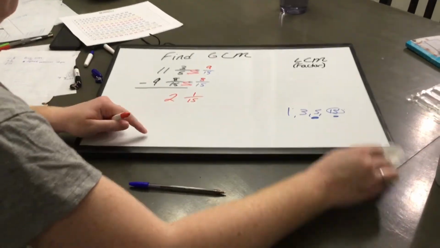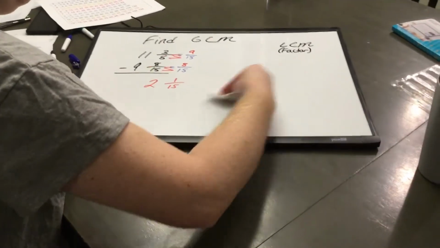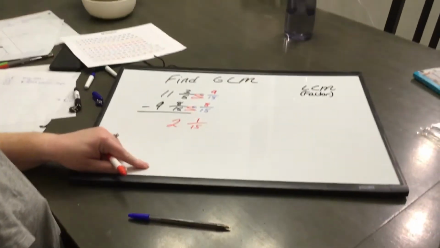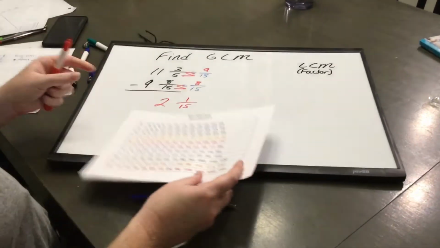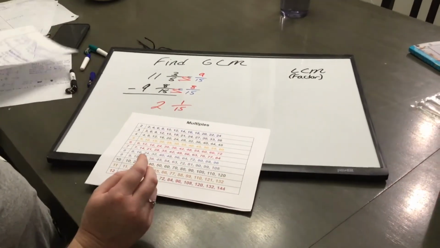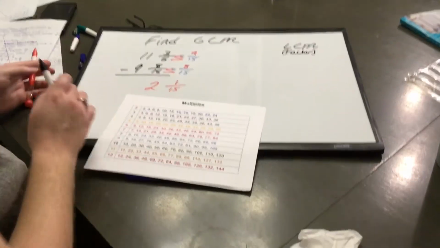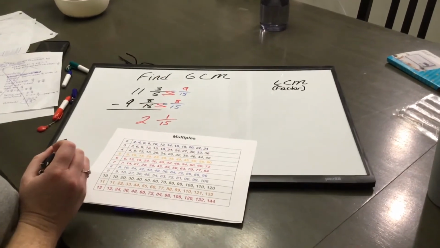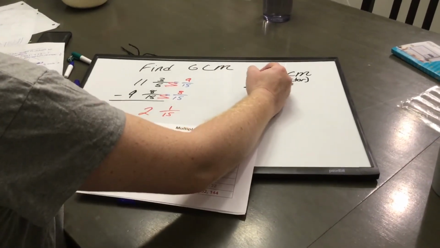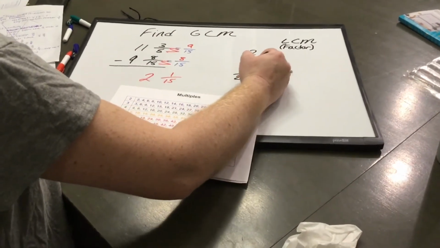Factoring. For our least common multiple, it is factoring. And what I mean by that is we need to look and see what the numbers are in these multiples. So let's look at 2/3 and 1/2.